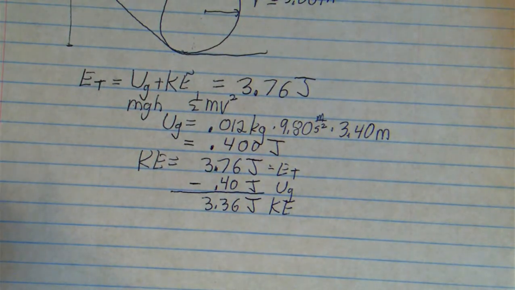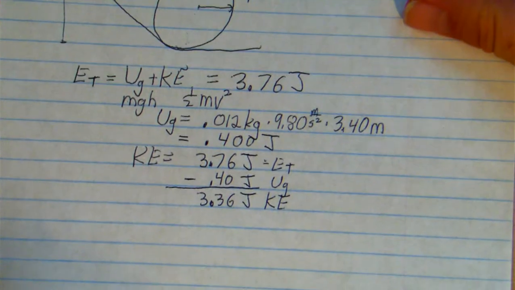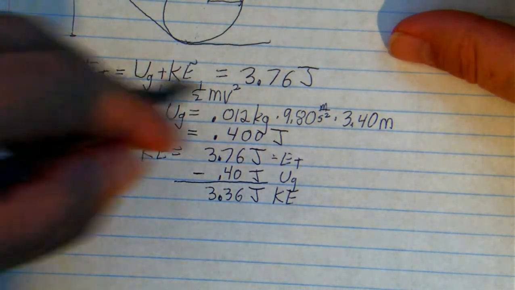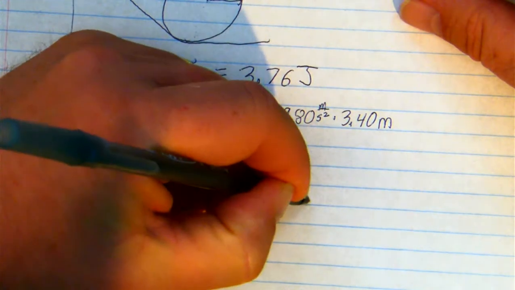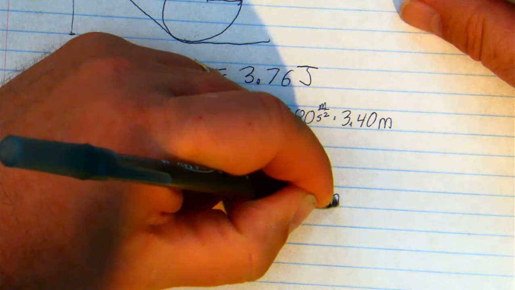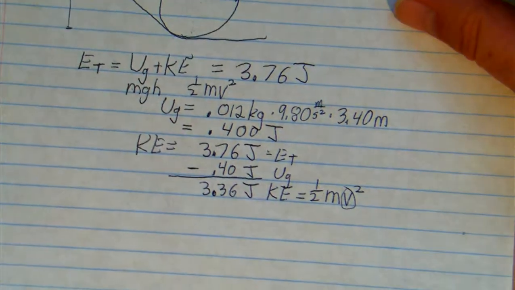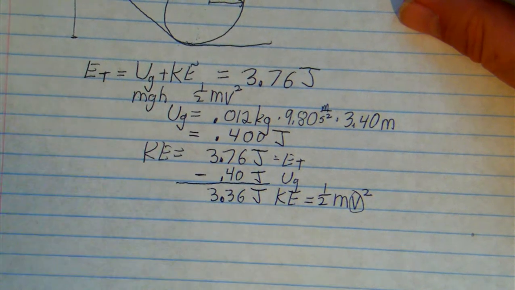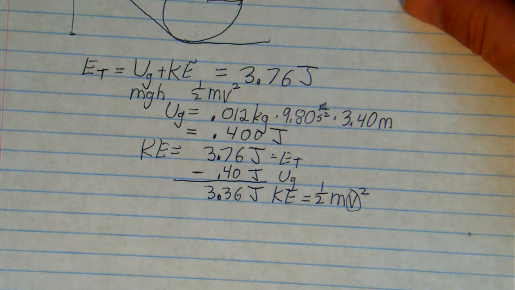So I only have 3.36 joules of kinetic energy. Okay, now let's calculate the speed of that marble. The formula is 1/2 mv squared. Solve for the speed of the marble, knowing that it has 3.36 joules of kinetic energy and a mass of 12 grams.